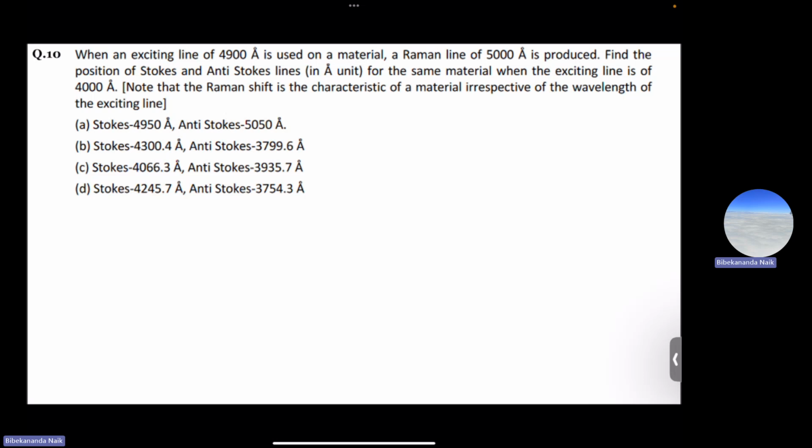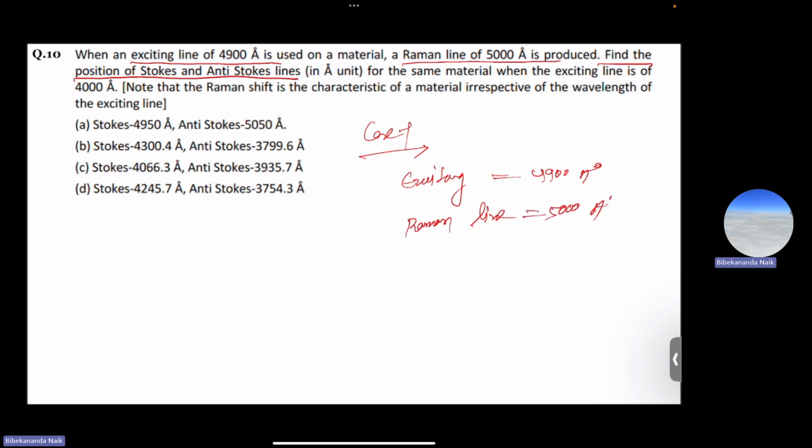So the question was exciting line of wavelength 4900 Angstrom. The Raman line is of wavelength 5000 Angstrom, and we need to find out the position of Stokes and anti-Stokes line of the same material when the exciting line is of 4000 Angstrom. So in case 1, exciting line is 4900 Angstrom, Raman line is 5000 Angstrom.